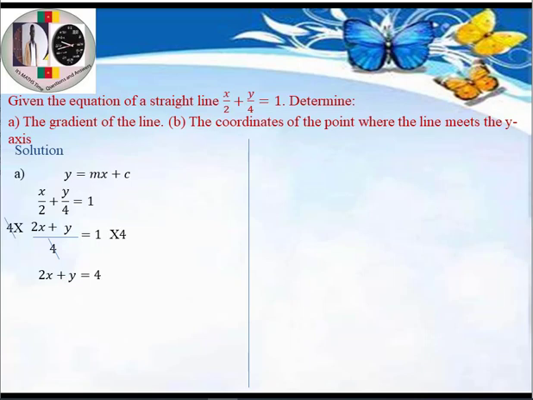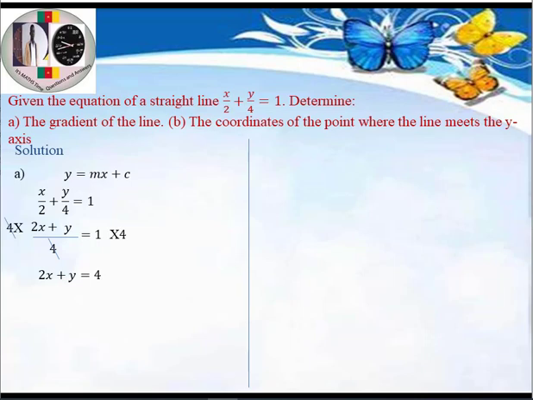But we want to change it into the form y = mx + c. So we are going to take y to one side, preferably the left hand side of the equation, and then we take all the other terms to the right hand side. So when 2x is going to the other side of the equation, its sign changes from positive to negative.